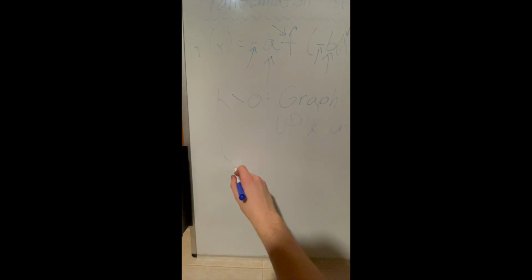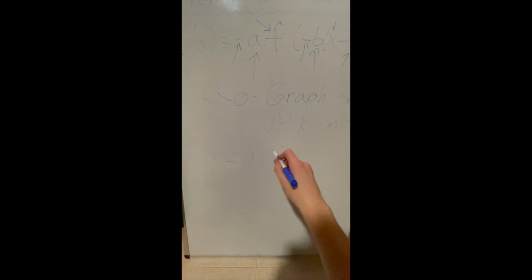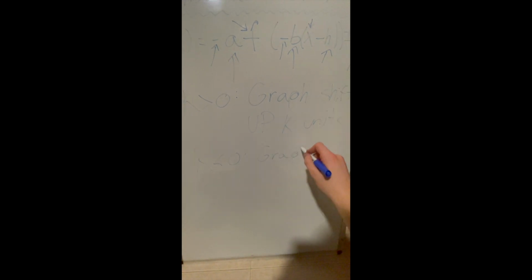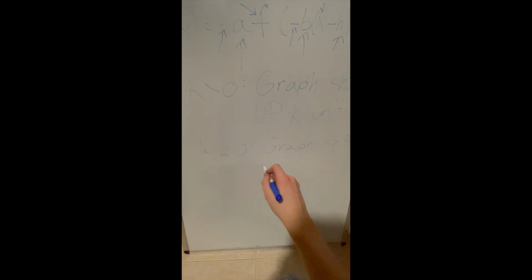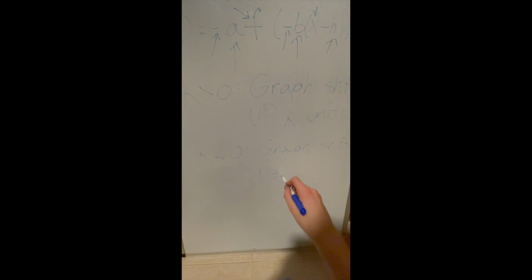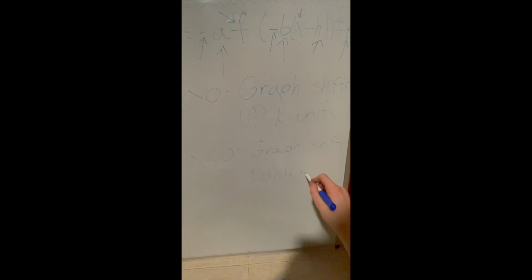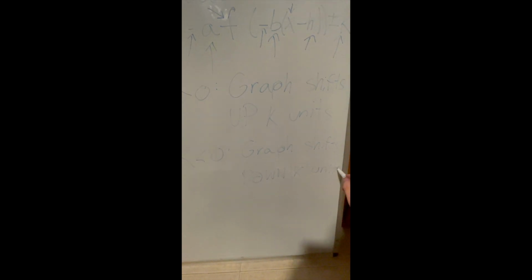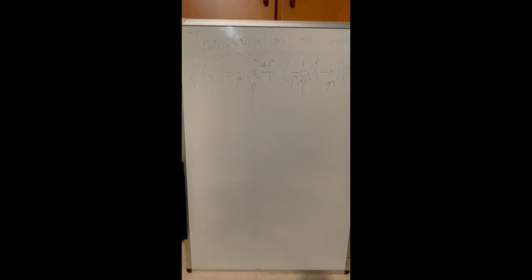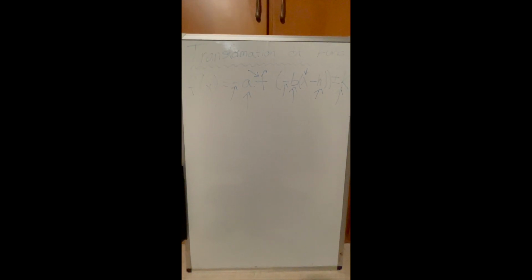If k is smaller than 0, then the graph shifts down k, absolute value, of course, if it were a negative value, units. Let's apply what we have learned into an example.